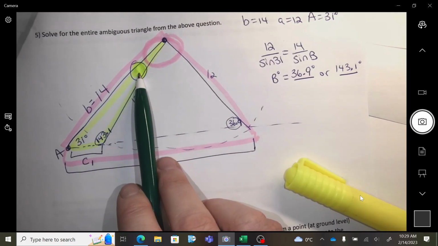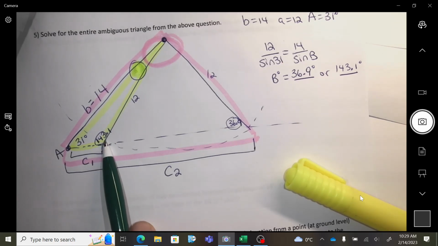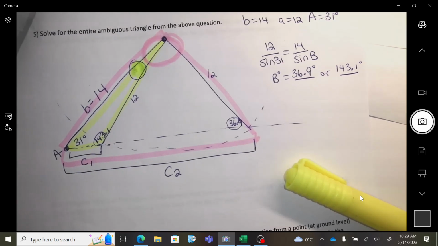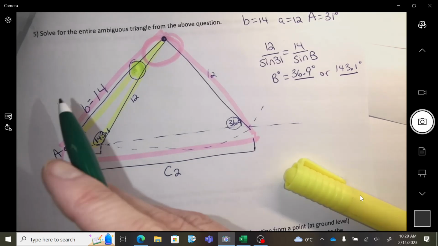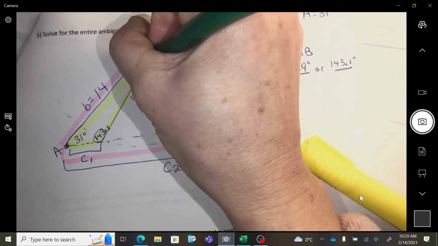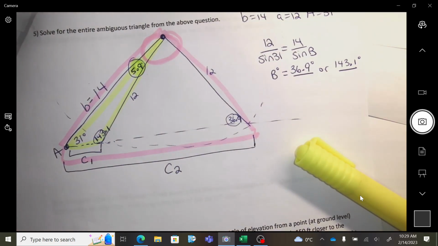So this one would be 180 minus 31 and the 143. .9 at the top of that one. And can you get me the top pink one?